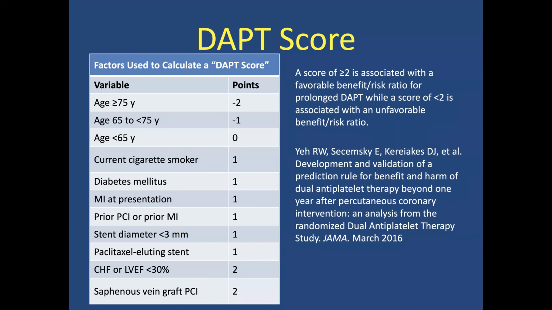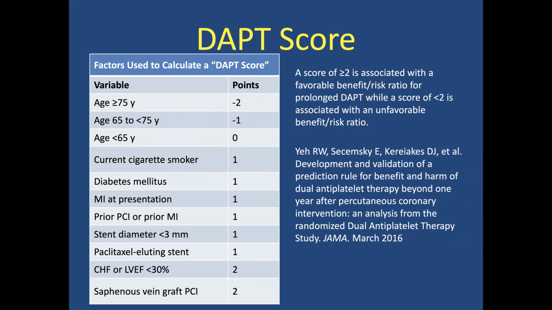When I look at this, one way that I use it is with patients who, unfortunately, are on the younger side, in their 40s or even 50s. They have had a STEMI presentation and they continue to smoke, for example. At 1 year, these are patients that I would favor continuing dual antiplatelet therapy beyond 1 year if they've done well on it previously.